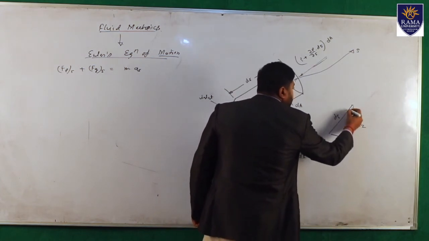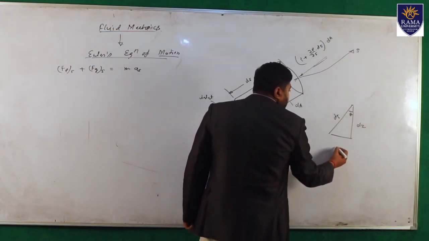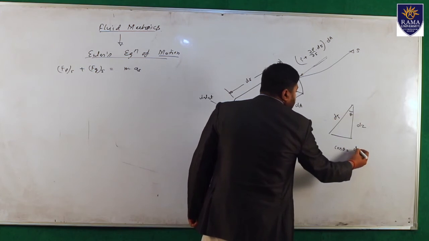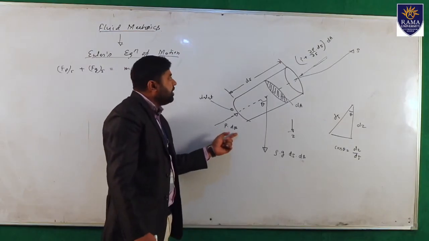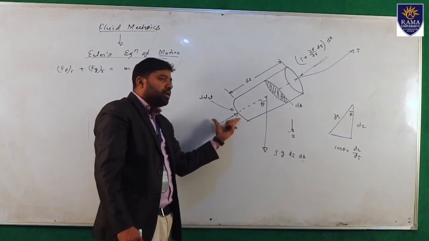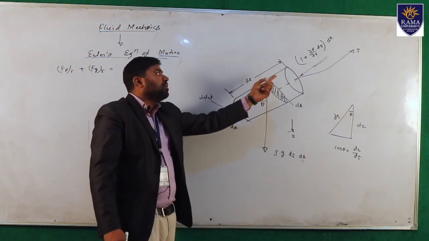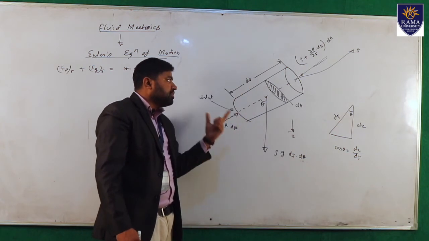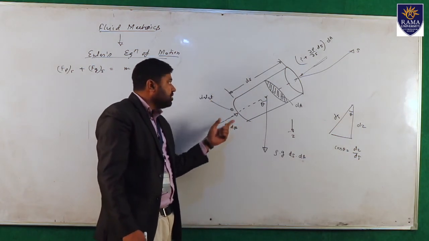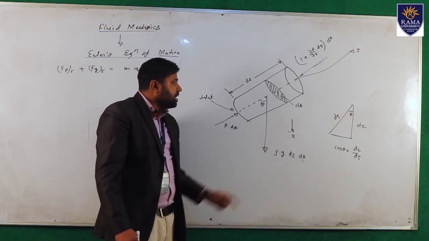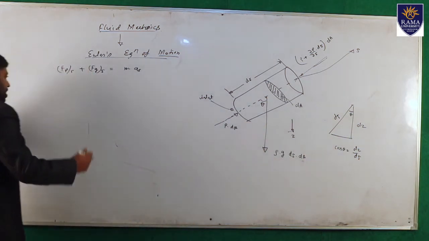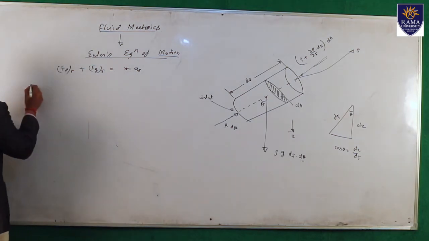This is dz, this is theta, so cos theta becomes dz upon ds. PdA is the pressure force in the inlet direction. P plus del P upon del S into ds into dA is the force in the outward direction. And rho g ds into dA is the gravitational force. Now we have to put all the forces first.